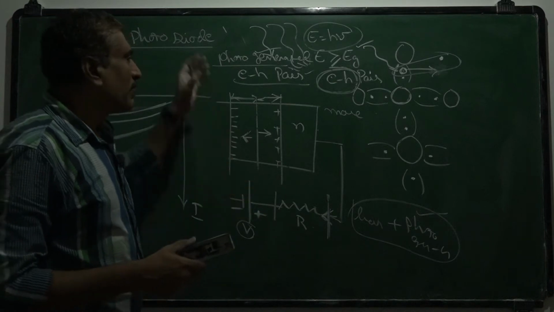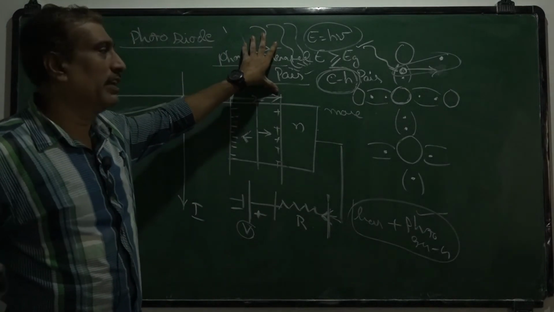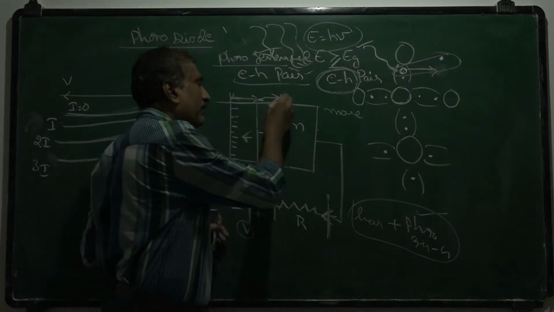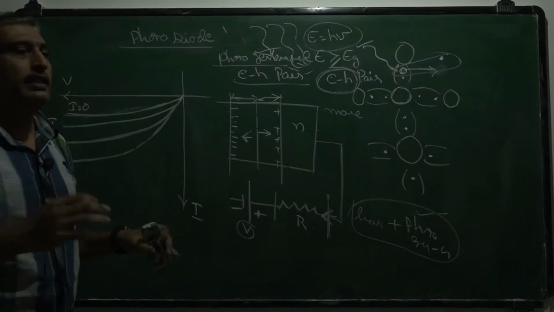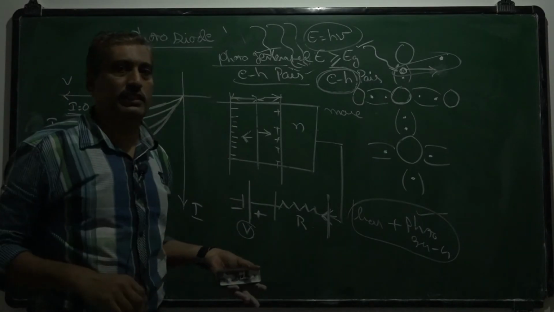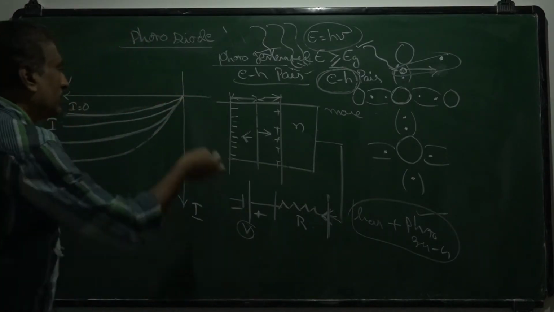But when we increase the intensity of light, the number of photons incident on this device increases, so the number of electron-hole pairs generated increases, conductivity increases, so more current flows through this junction. So the characteristic curve is like this.